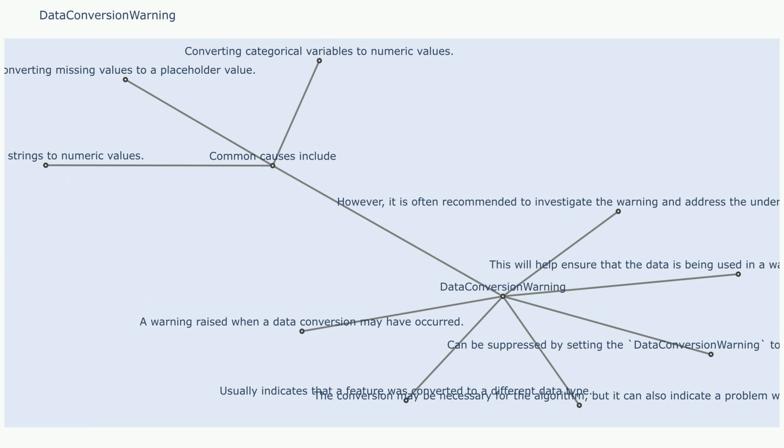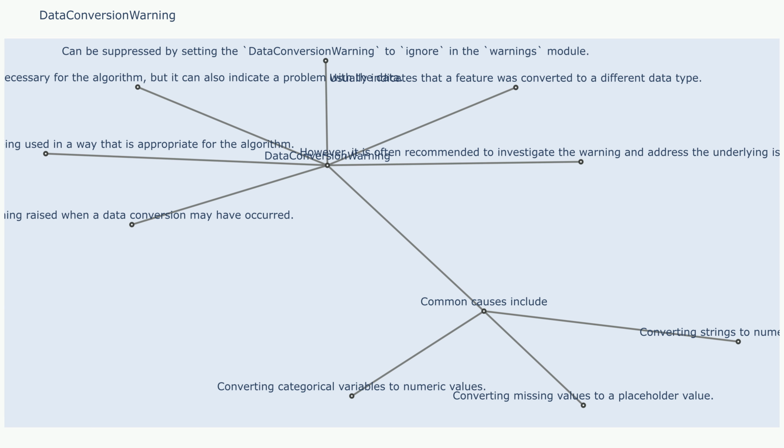Mitigating the warning. 1. Explicit data type conversion. Convert your data to the appropriate data type before feeding it to the function. Example: data = [int(x) for x in data] to convert strings to integers. 2. Handle missing values. Address missing values appropriately using methods like imputation or dropping rows or columns. 3.